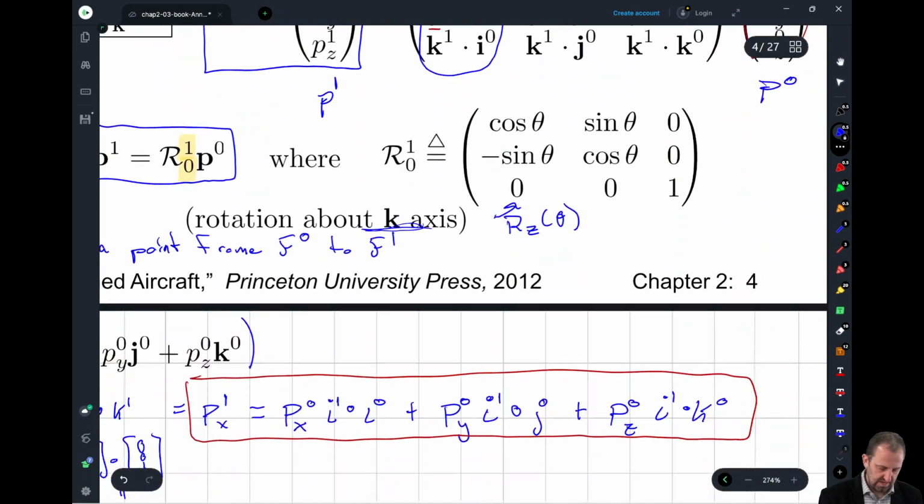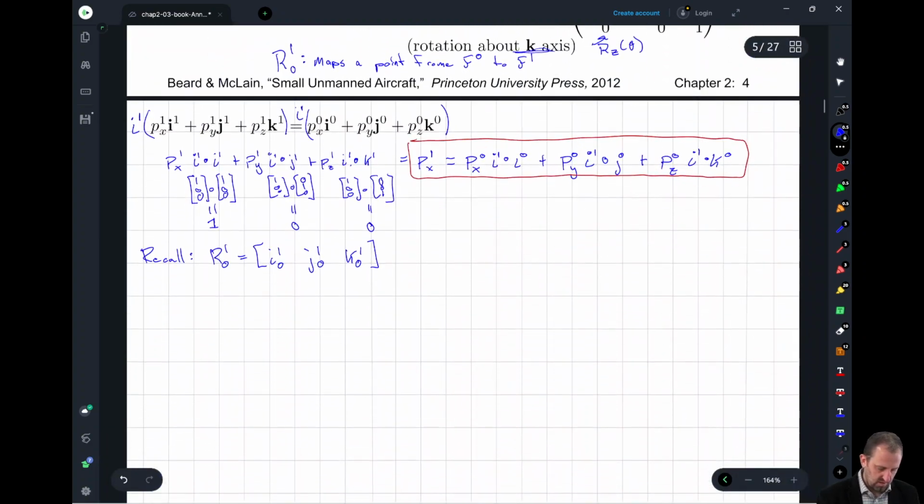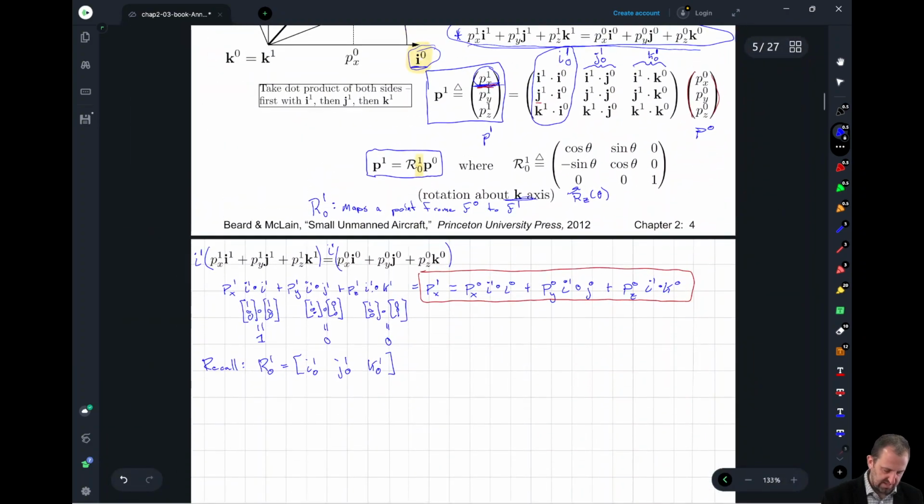So let's write that down: I01 would just be equal to I1 dot I0, then J1 dot I0, and K1 dot I0.